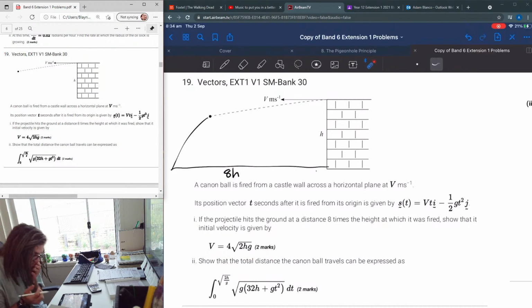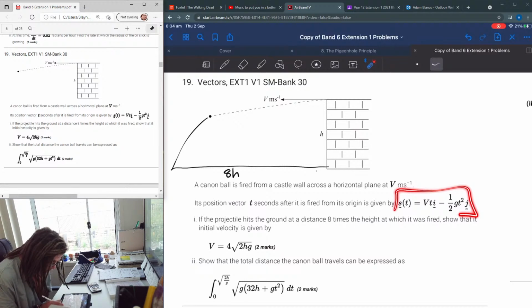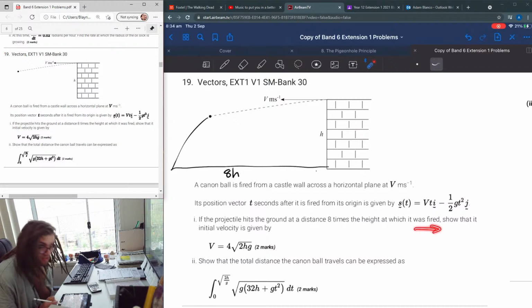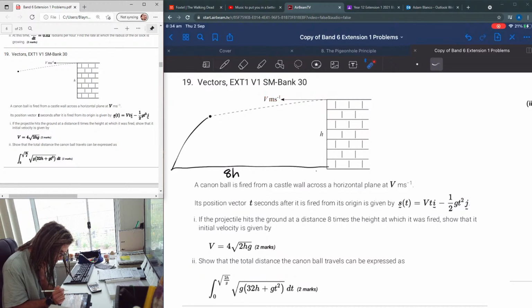Now, I don't like this picture because obviously this part's the y component and it's going down, but this x component suggests that it's going to the right. Does that make sense to you? It's traveling in the positive direction, but the picture suggests that it's going to the left.